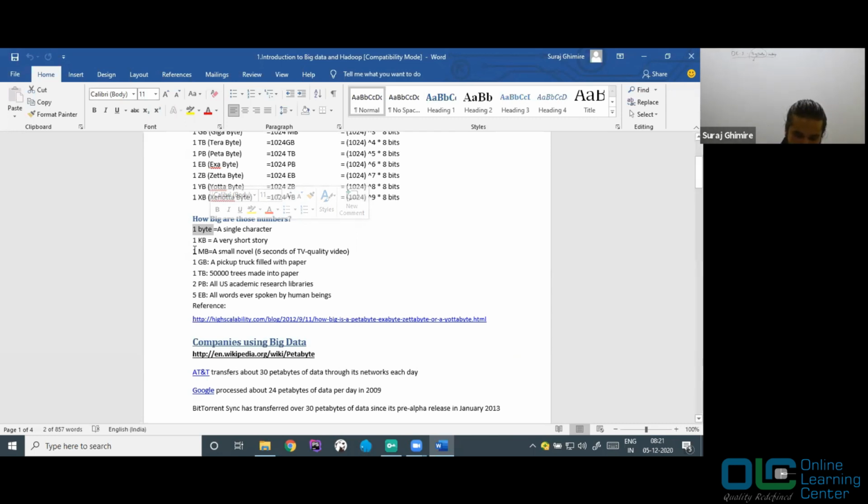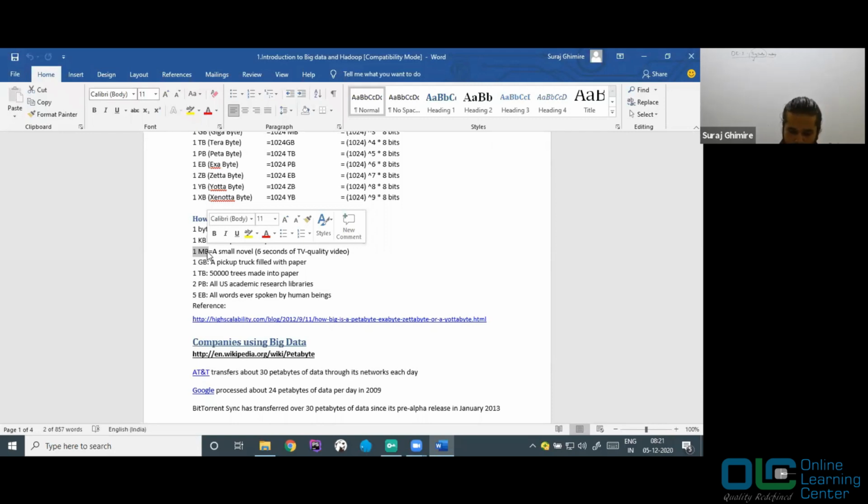1 MB can be a small novel. You pick up any good novel and you will see that it is around 1 MB. For example, you also take a PDF like Learning Hadoop, Hadoop in Action or Hadoop: The Definitive Guide. You'll see them in MBs, 4 MBs, 5 MBs, and so on. Because they are PDFs, they consume more.